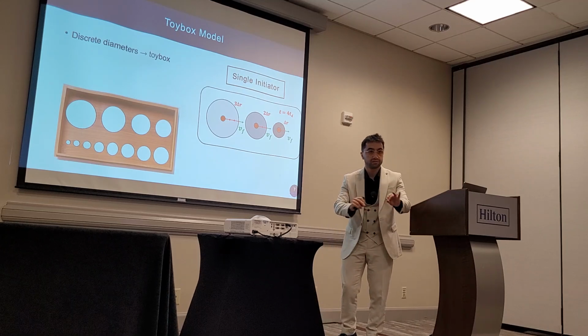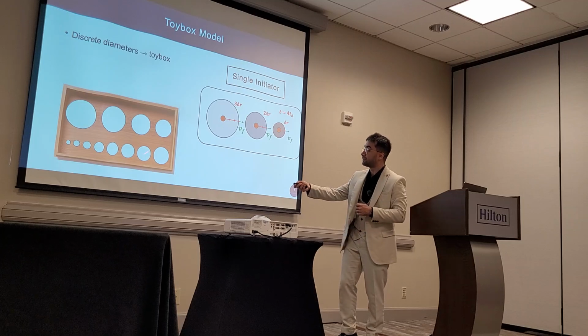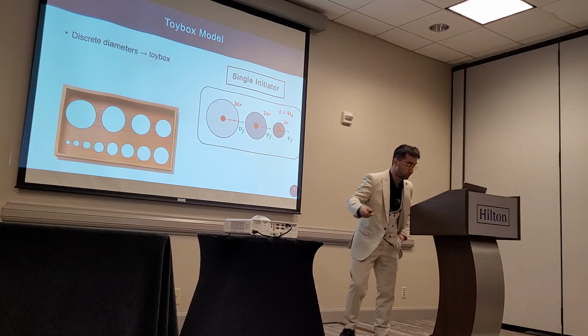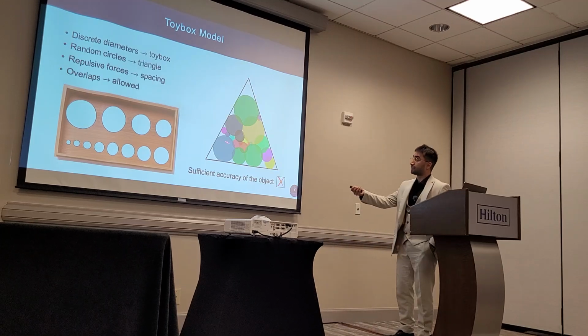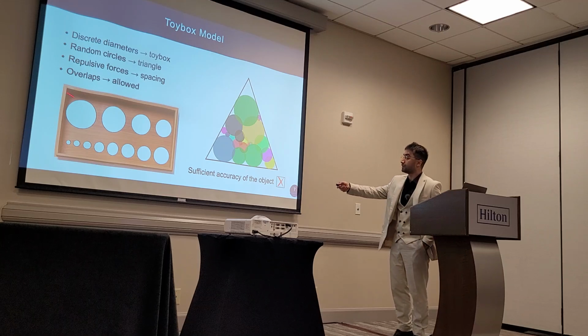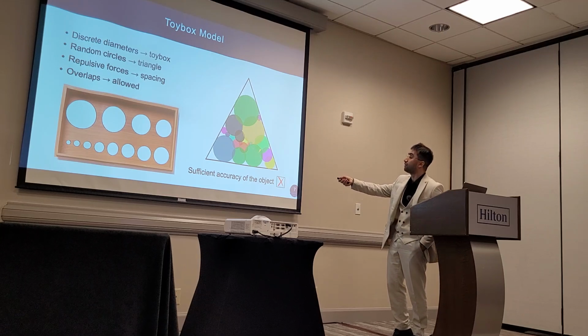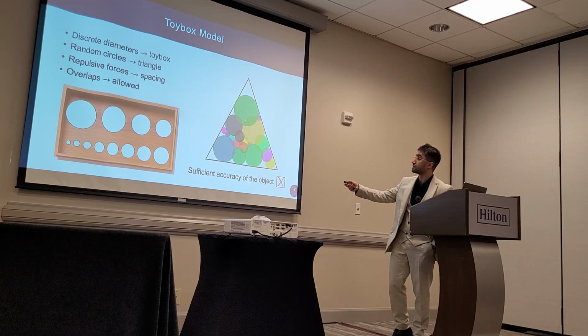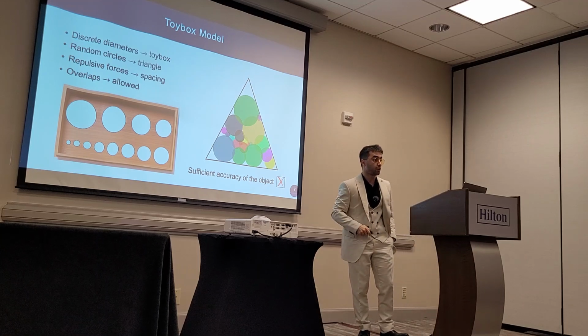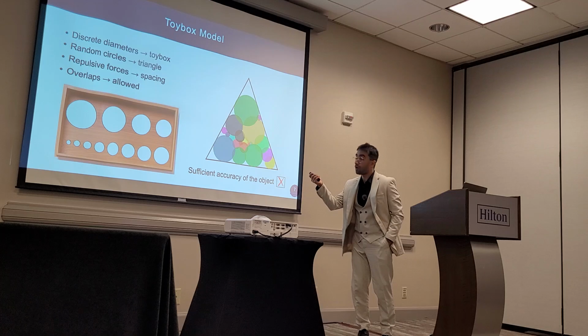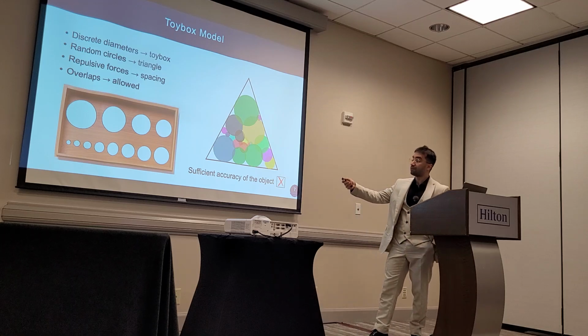We can change their locations and take different circles from the toy box depending on the application. We can do this randomly, like throw the circles in your toy box into a triangle or any shape that you like, and then apply some repulsive forces between the circles depending on their overlaps, so that we will have an expanded structure.